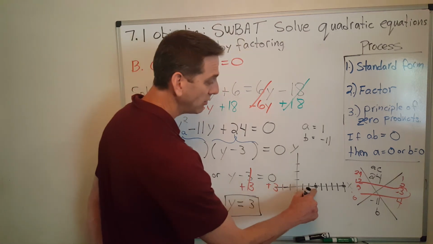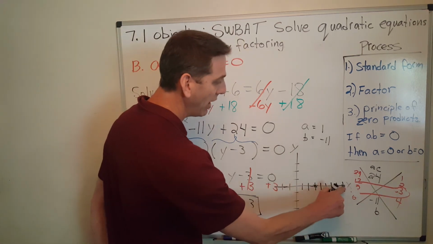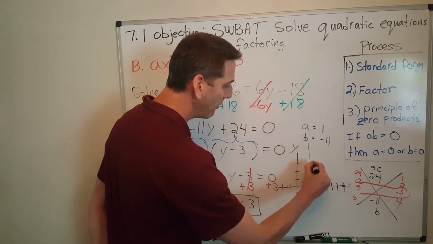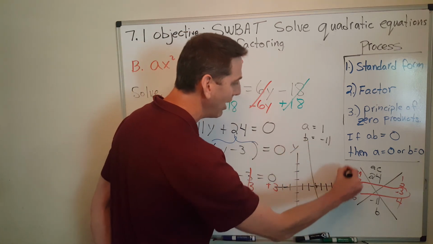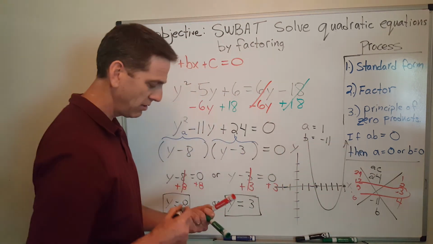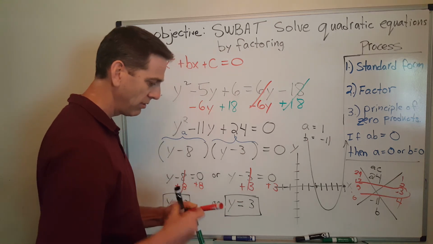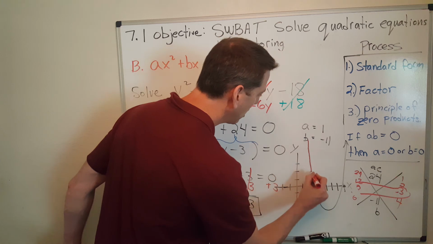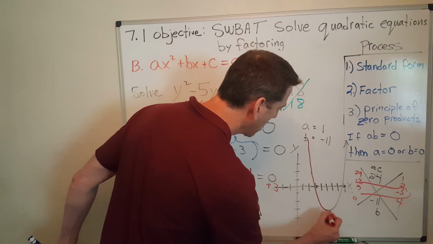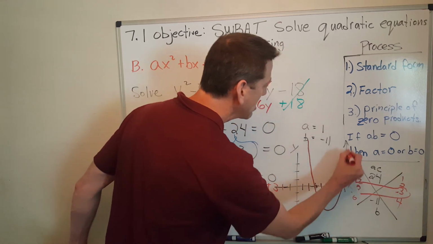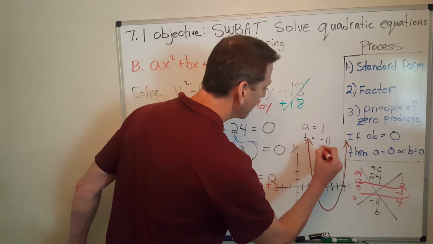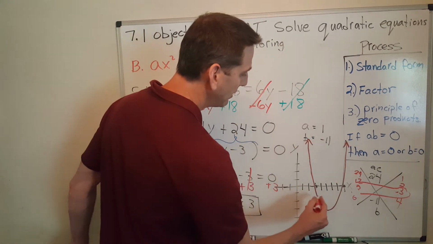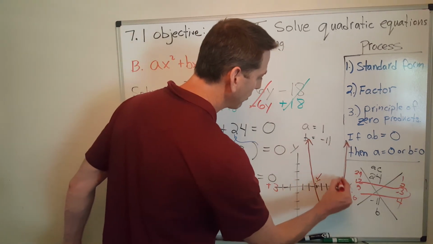Okay, so I got y equals 3, y equals 8, and we have that beautiful parabola, which, you know what, I'm going to make more beautiful by making it red. Just like that. And you'll notice, do you remember what these things are called?